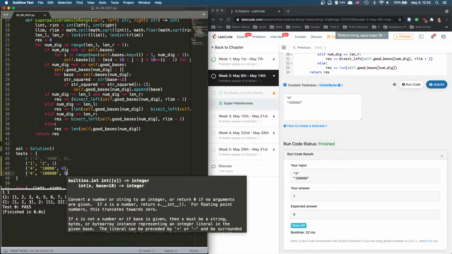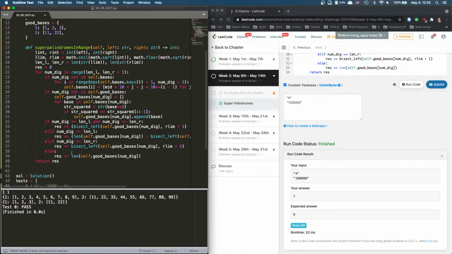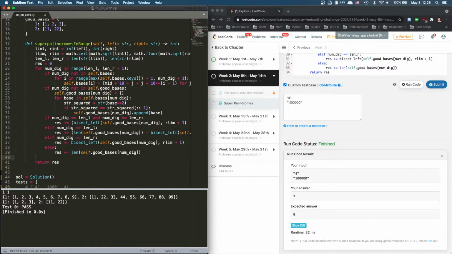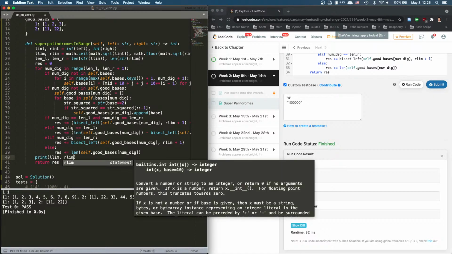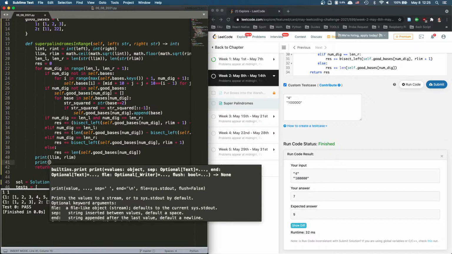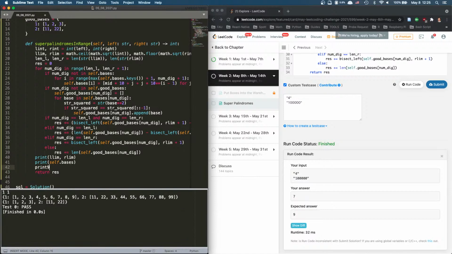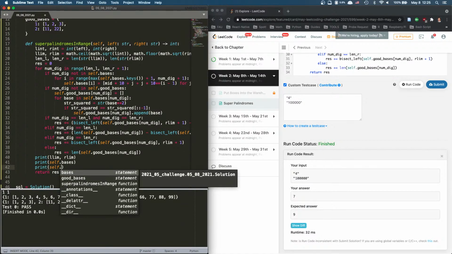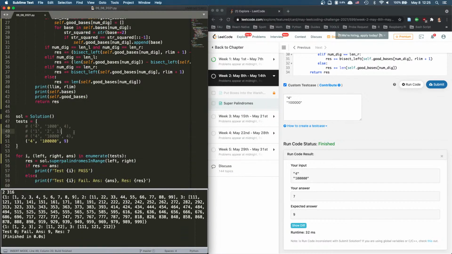Supposed to be 9, but I get a wrong answer. Again, we need to print. Why did you delete it? We need the right limit, and then we also need to print self.basis and self.goodBasis, right? And we run this.